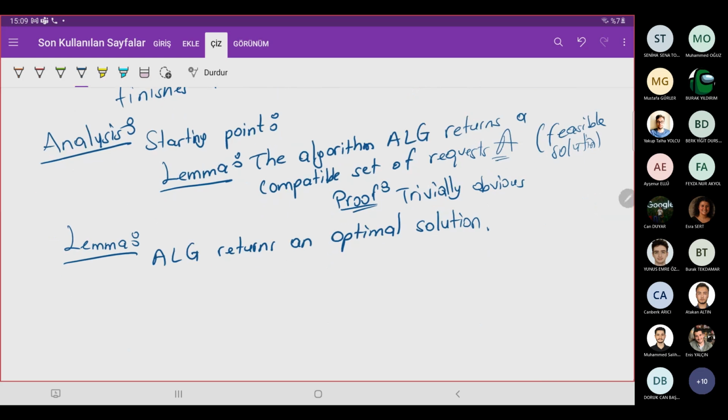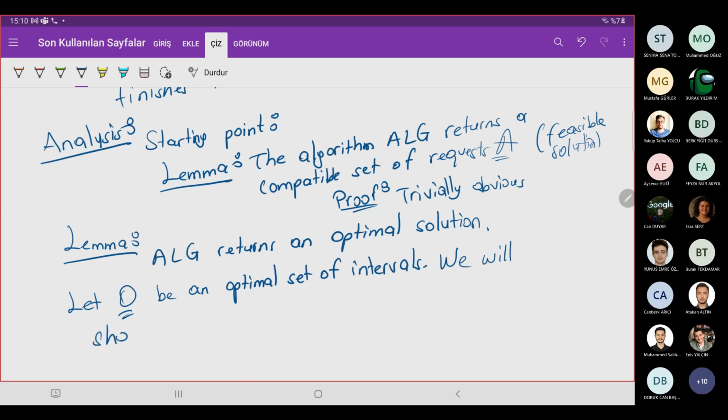So let O be an optimal set of intervals. We will show that the cardinality of A is equal to the cardinality of O.